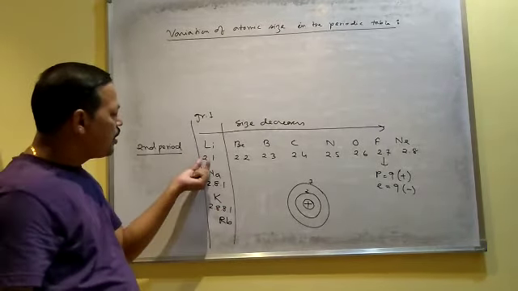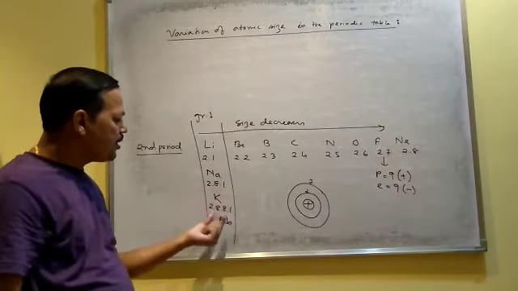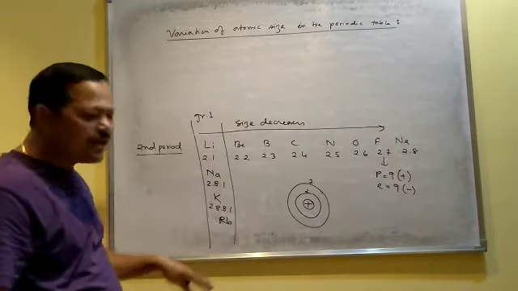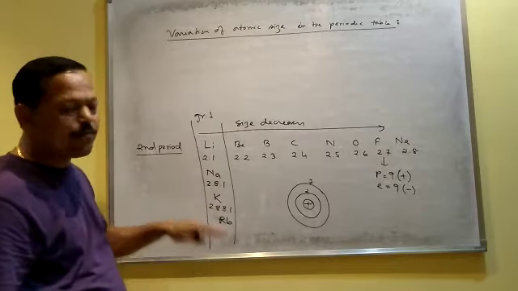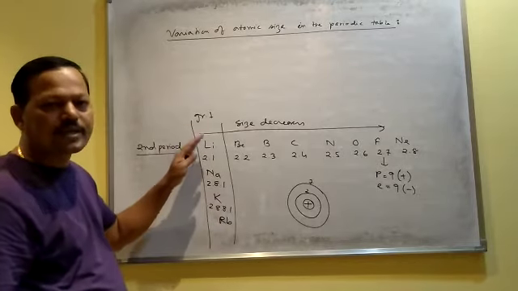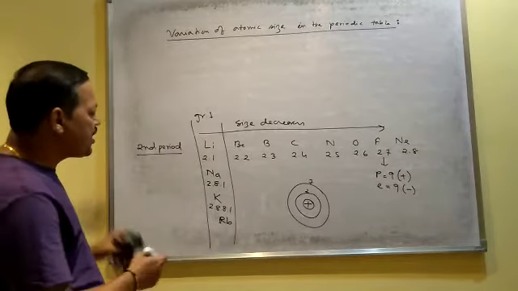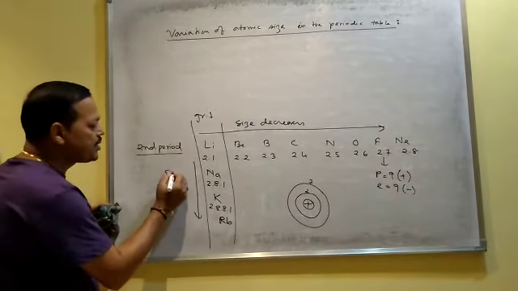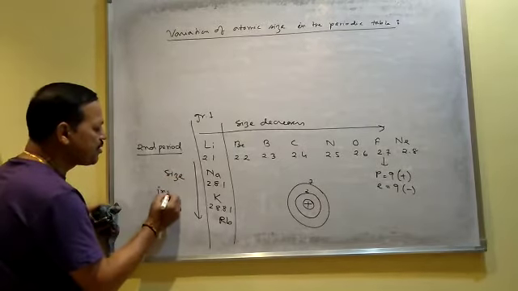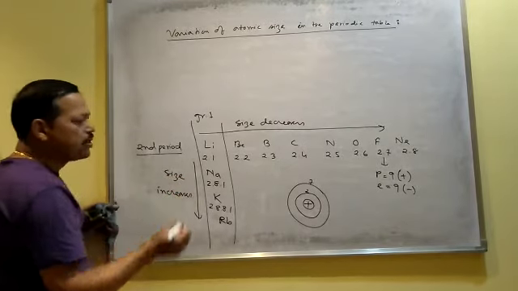Here you have seen, here 2 shells, here 3 shells, here 4 shells. So down the group, the number of shells goes on increasing, and due to the increase in number of shells, their size goes on increasing, and that is why in a group from top to bottom the size increases. So have you got it?